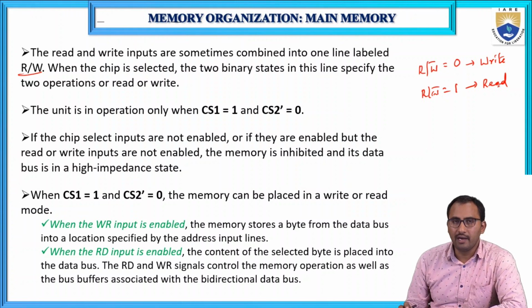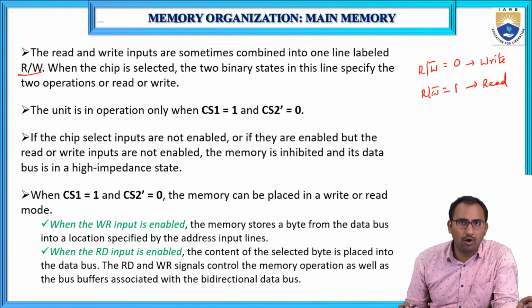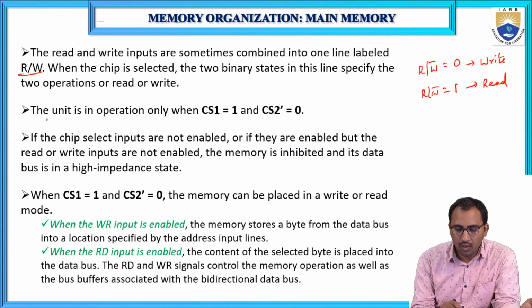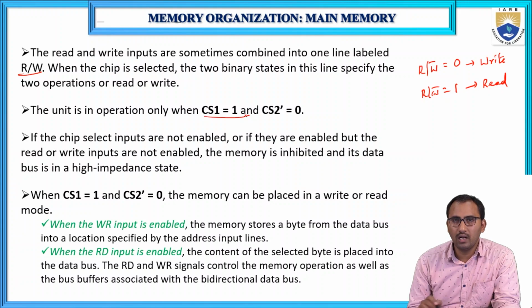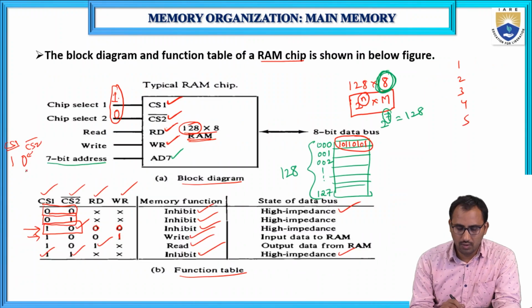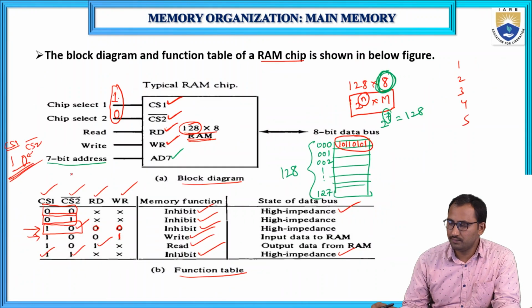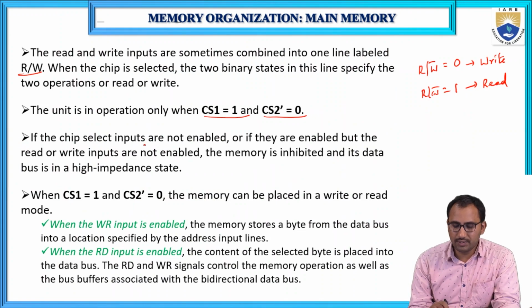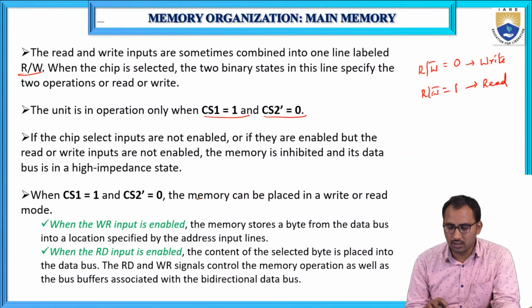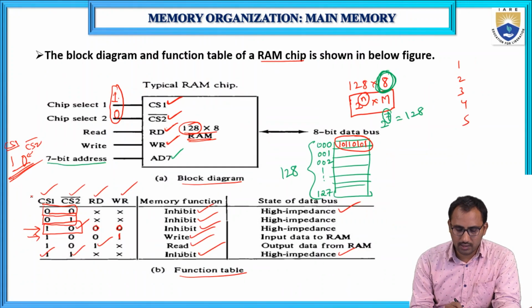In this way, it performs either a memory read operation or a memory write operation. The unit is in operation only when CS1 is equal to 1 and CS2 bar is equal to 0. Already we have seen this. If the chip selection inputs are not enabled, or if they are enabled but the read or write inputs are not enabled, we have already seen all these cases in this table.